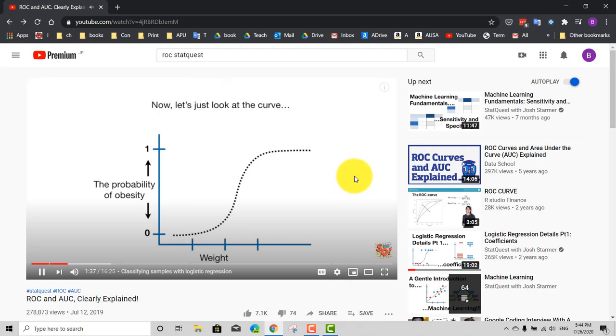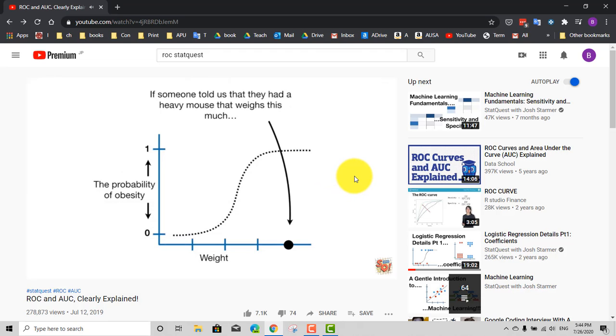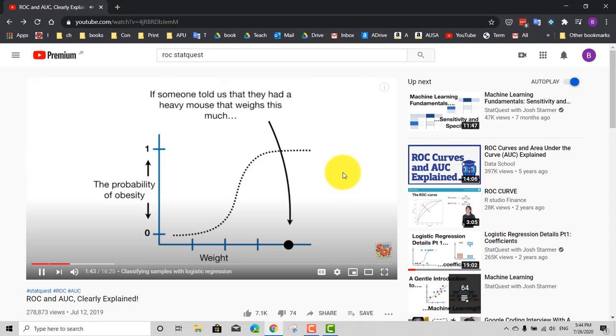Now let's just look at the curve. If someone told us that they had a heavy mouse that weighs this much, now we have the curve, which is our model, and it allows us to make predictions. So we can say, suppose a weight was out here, and we could ask, what does our model predict?